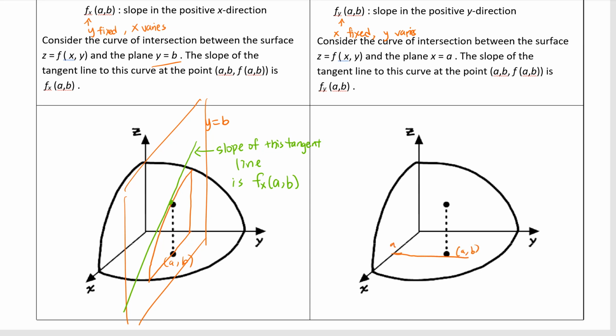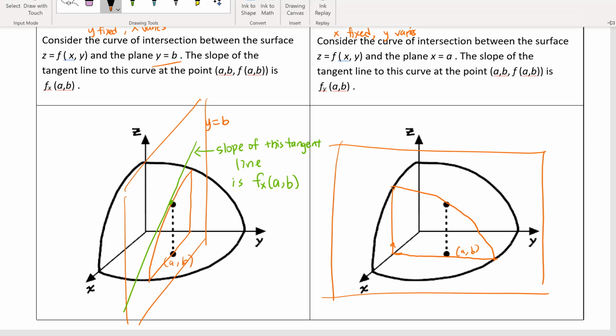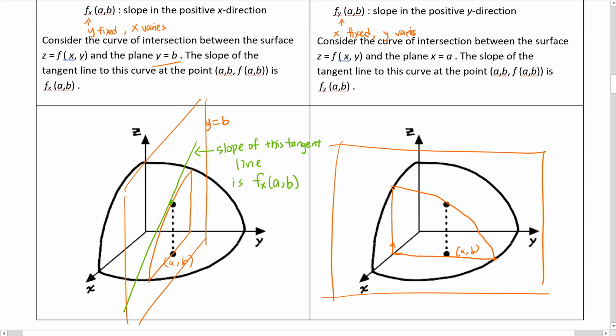So x equals a. When we intersect it, we get a curve. Okay, the plane is right here. This is the plane. And we get this curve. Then the slope of the tangent line to this curve. Okay, so let's draw it here.